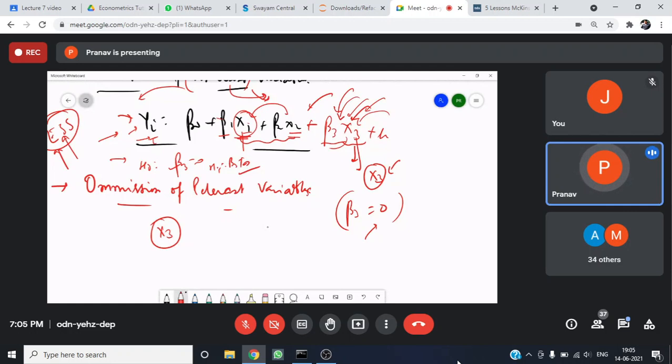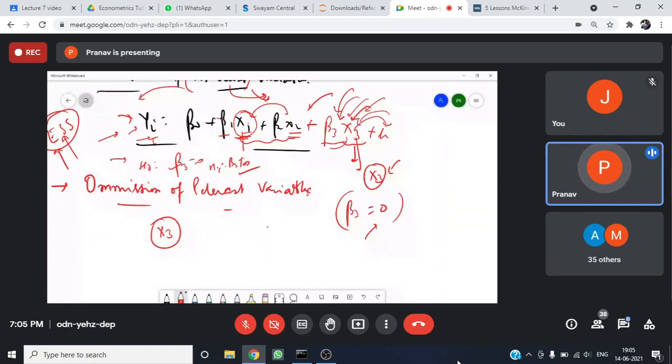Because when x3 actually is relevant, and somehow either due to measurement issue or due to an unobservable factor, you're not able to explicitly count x3 in the model, what happens is that x3 becomes part of the error term.